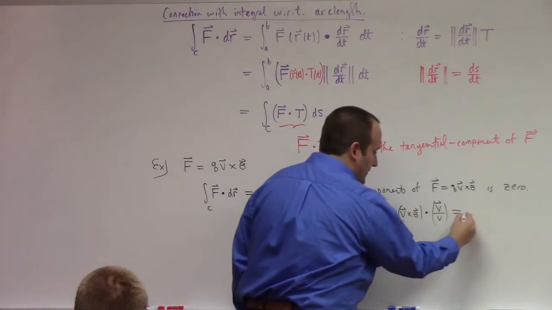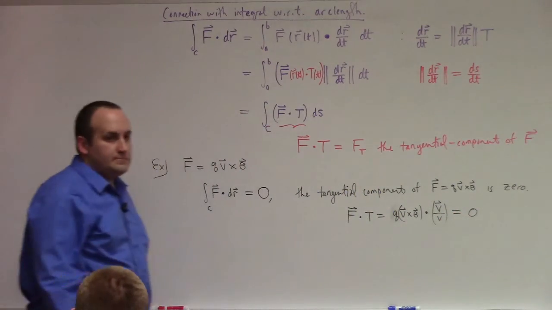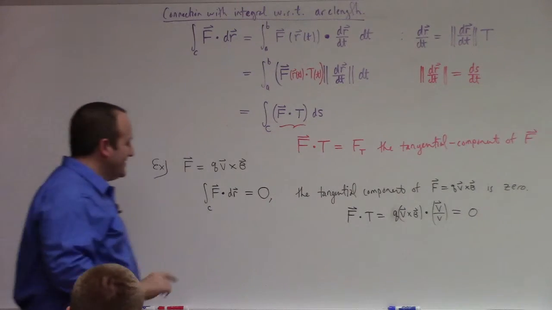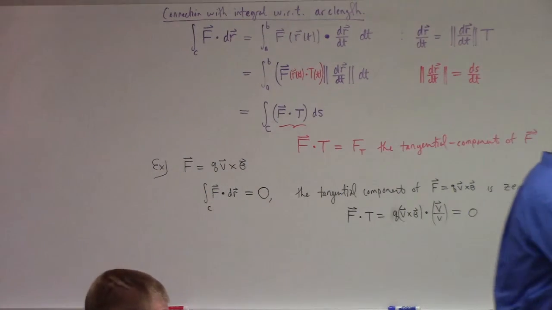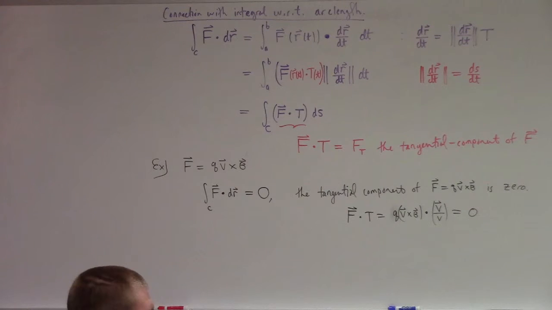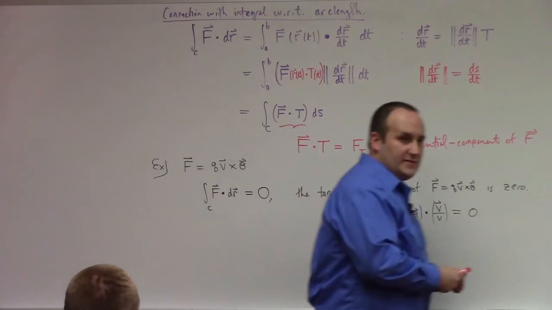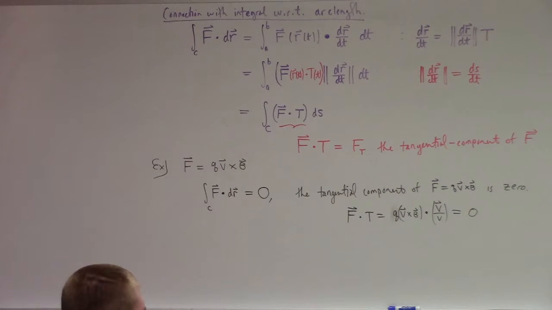This is 0. So this is why magnetic forces can do no work. They're perpendicular. I wouldn't say they're conservative, but I'm not going to go into that. Anyway, they can change the direction of the velocity, but they can't change the speed. Okay, so there's that.